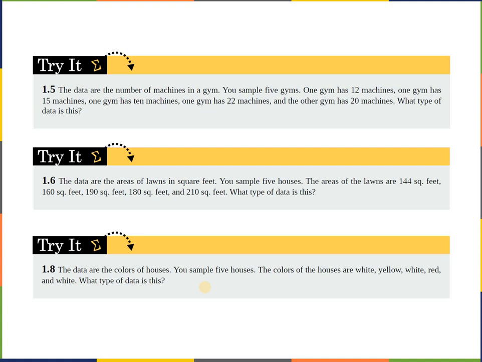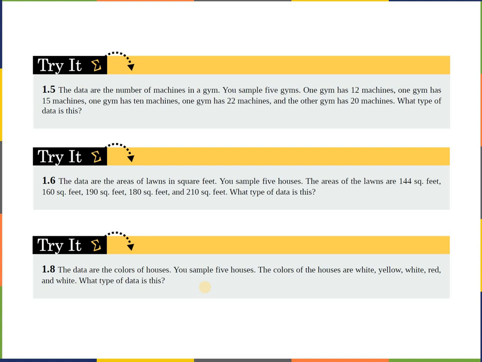This is quantitative again, but in this case, because we might have the possibility of fractions of feet, we're going to say this is continuous data, because you might have 144.5 square feet. It's a possibility. The examples don't have any fractions, but we know in real life we might have fractions.